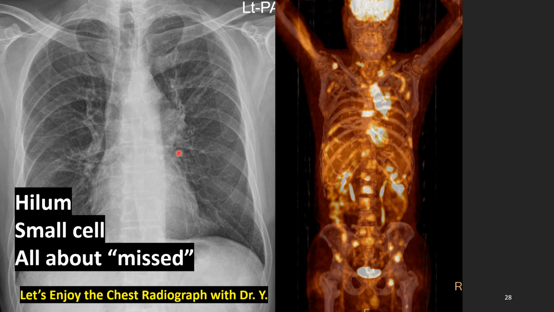We see only slight abnormality in the left side hilum, but its actual tumor burden is so advanced, not imaginable. How far advanced? This is lung cancer, small cell lung cancer, a hilar mass, somewhat the shape of missed lung cancer.